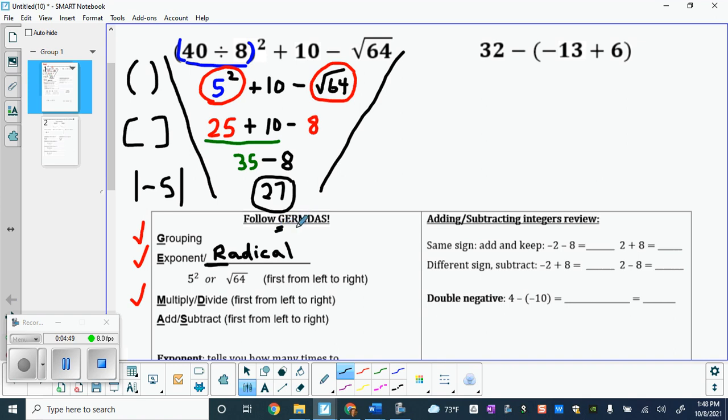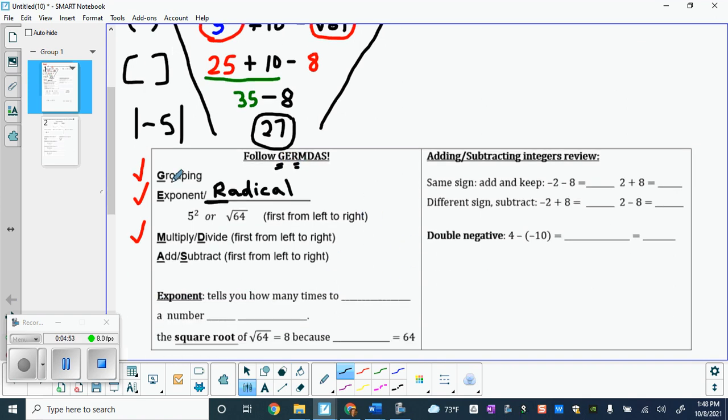So G and R are the changes to PEMDAS, really. We defined an exponent a second ago. It's a number that tells you how many times to multiply a number by itself.